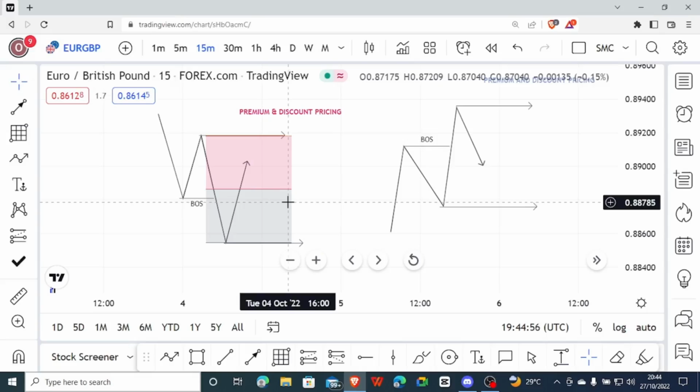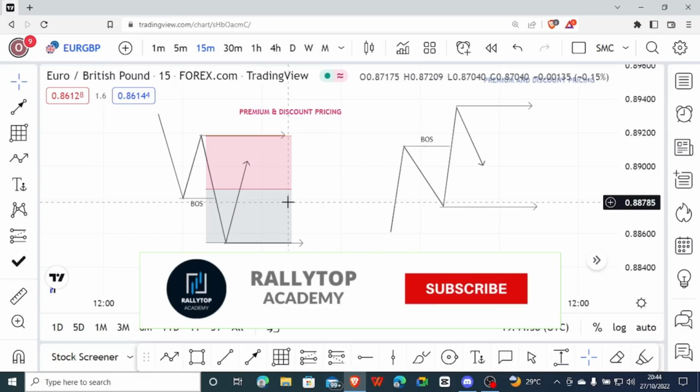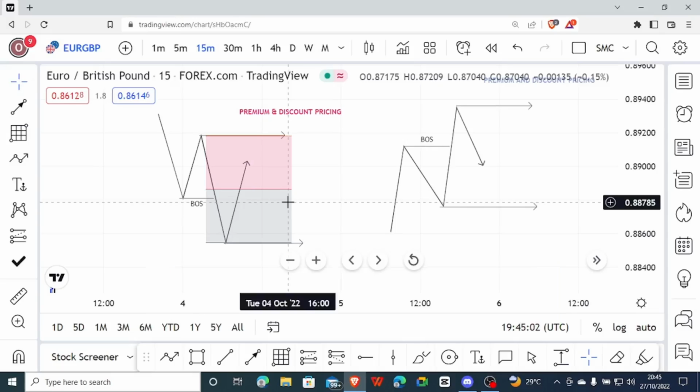That's the only way you can make money in the market. All right, every business person understands that he needs to buy cheap and sell expensive to be able to make profit in the market. Okay, so that's the first thing that the premium and discount pricing will help you for.